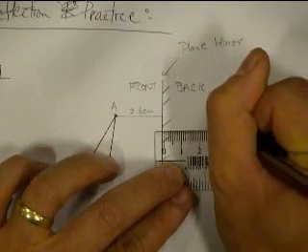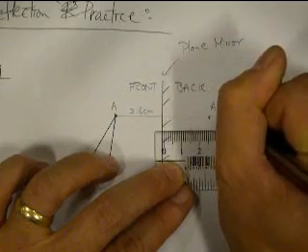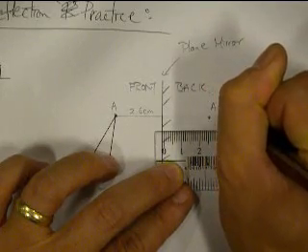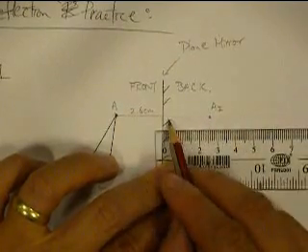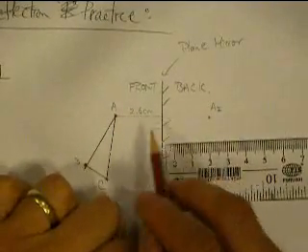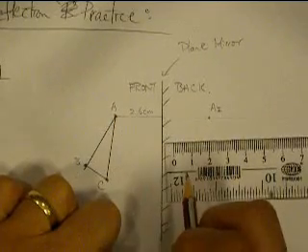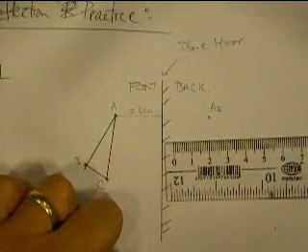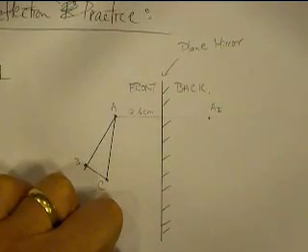Now here, this would be the location of my image of point A. This part here, if I did it right, should be the same distance to the back of the mirror as this one is to the front of the mirror. You follow? So that's labeled AI.